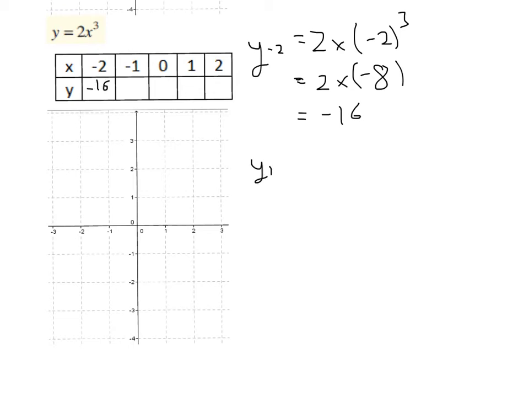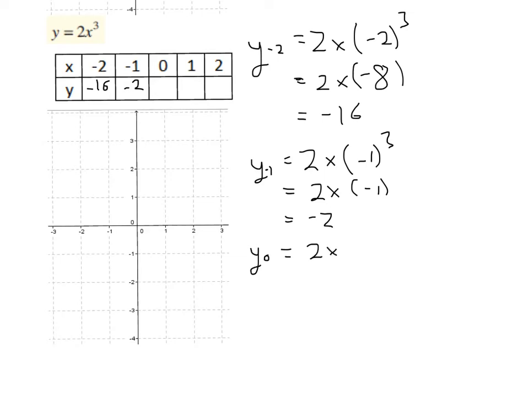For x is equal to minus 1, we get a value by going 2 times, in brackets, minus 1 to the power of 3. And that's going to be 2 times minus 1 times minus 1 times minus 1, which is minus 1. So that's minus 2 there. So I can put a minus 2 in there. For the value of y when x is 0, y is equal to 2 times 0 to the power of 3, which is 0.